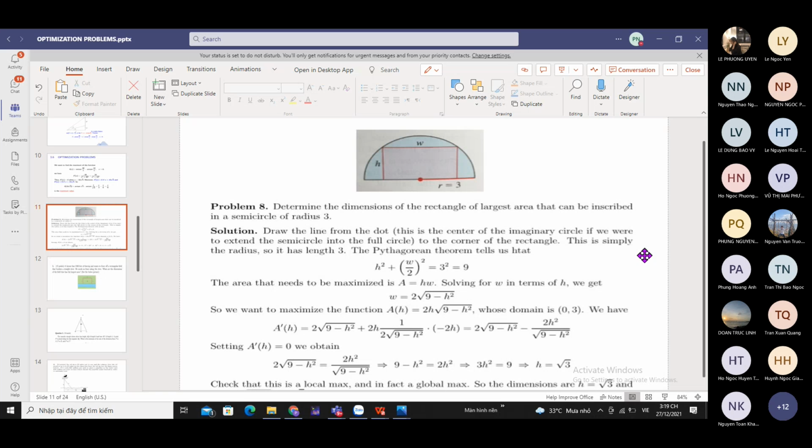And that's why A now is a function of h, given by 2h times square root of 9 minus h squared. Of course, here h is between 0 and 3 only. I mean h greater than 0 and less than 3.